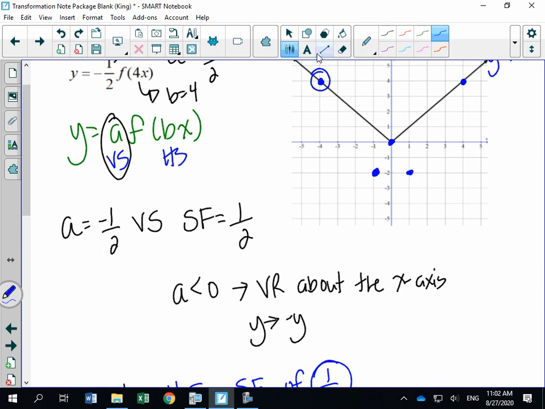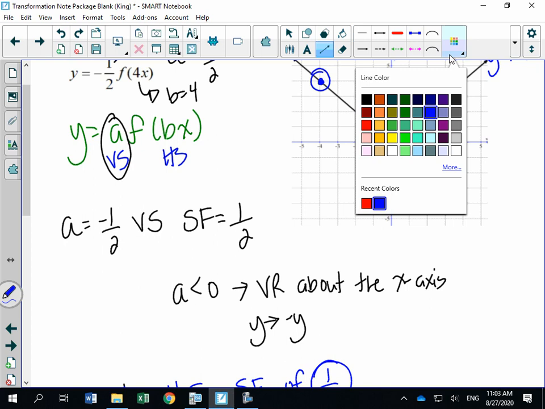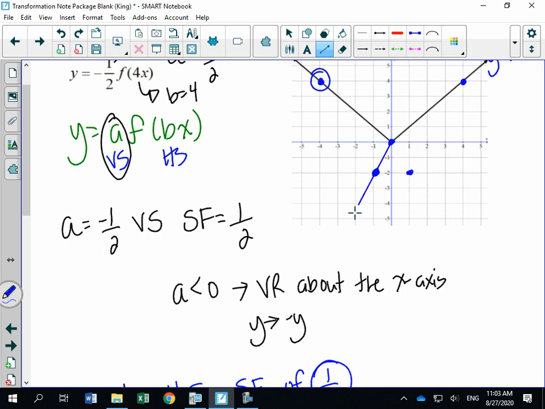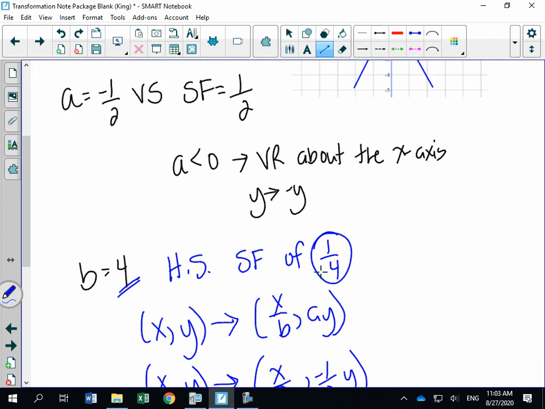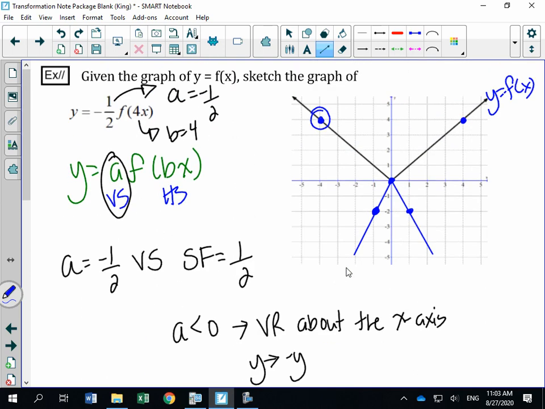So my new graph, using your ruler, if it's in blue, is going to be here. So this transformation was a reflection about the x-axis. So it underwent a vertical reflection, a vertical stretch by a factor of 1/2, and a horizontal stretch by a factor of 1/4. And this is what our new graph would look like.